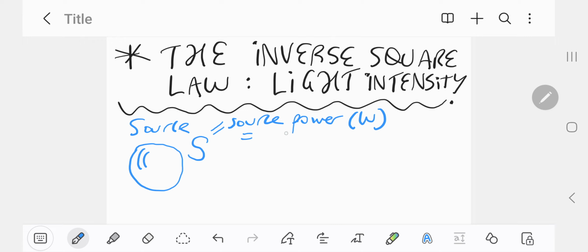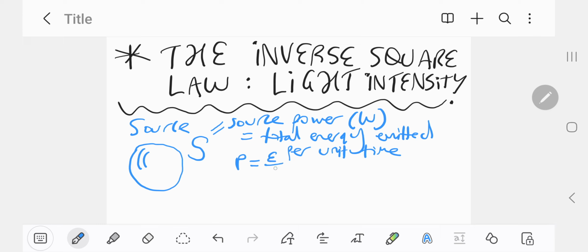This is the total energy emitted per unit time. So per time. Now, if you remember back to module 2, the formula for power P was energy over time. That's where we get this from.